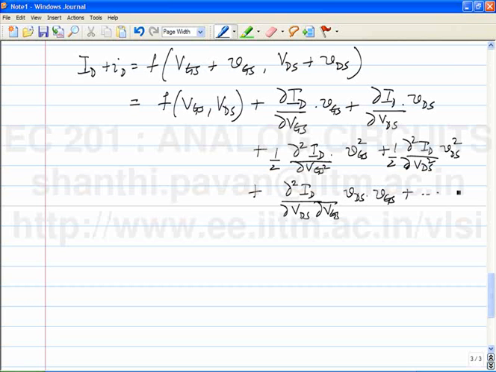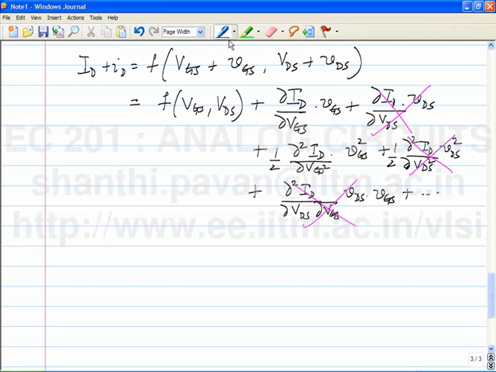Okay. So if the function does not depend on VDS at all, then what can you say? All the Taylor series terms containing the small vds just vanish. So this becomes 0, this becomes 0, and this becomes 0 and so on. So what is the conclusion?